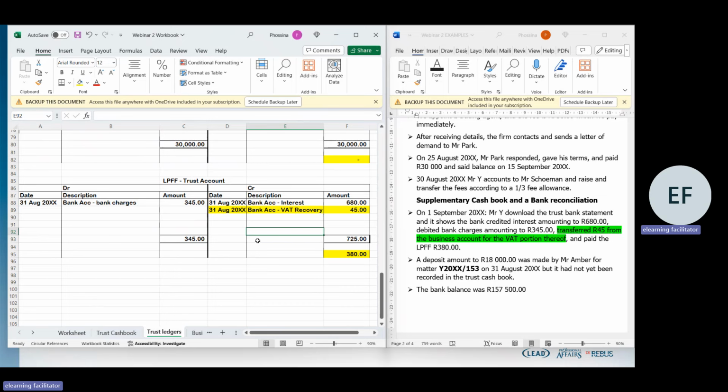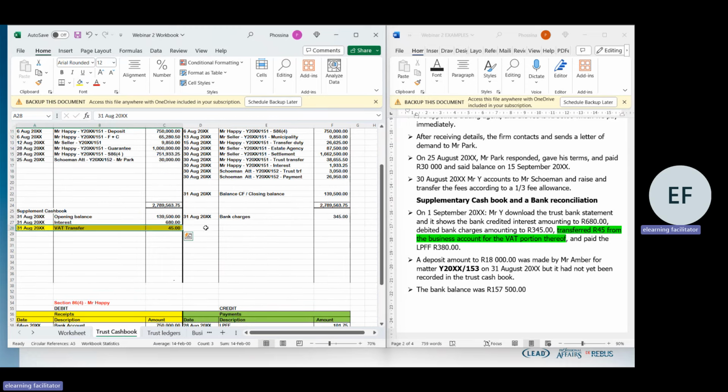You see, that's how we record this transaction. And then at the end of the day, we are told that we paid LPFF 380. So this amount is just being paid out of the trust account. So it's easy.